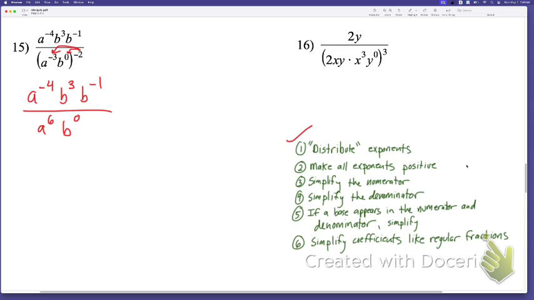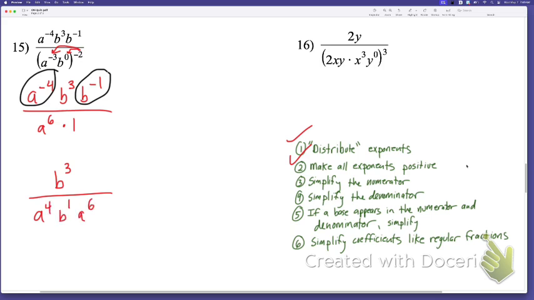So since b to the 0 is equal to 1, we can actually just say times 1. All right, make all exponents positive, so we can move these ones across the fraction bar. So in the numerator, we'll just have b to the third. In the denominator, we'll have a to the positive 4, b to the first, and then the a to the sixth is still going to be there. And the times 1, we don't need to write because anything times 1 is just going to stay the same.